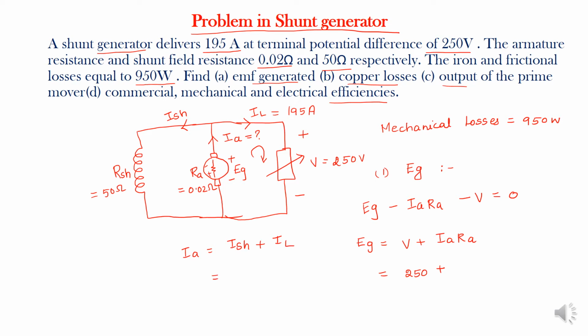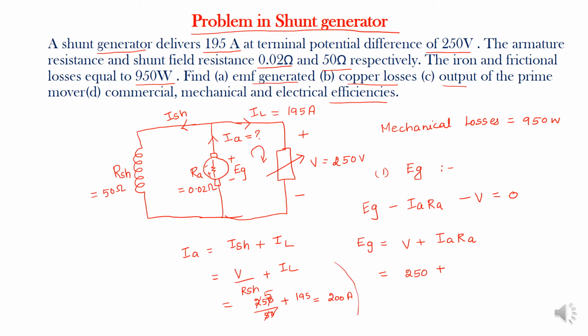ISH equal to V divided by RSH. V divided by RSH is 250 divided by 50. Then plus IL, which is 195 ampere. So the answer is 200 ampere. So this is the value of IA.